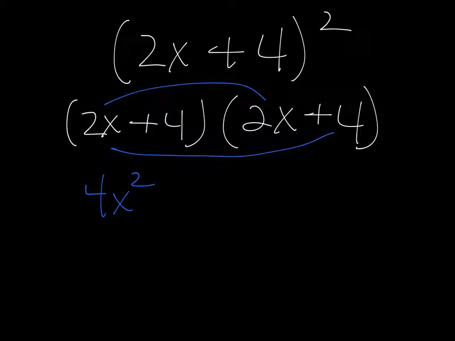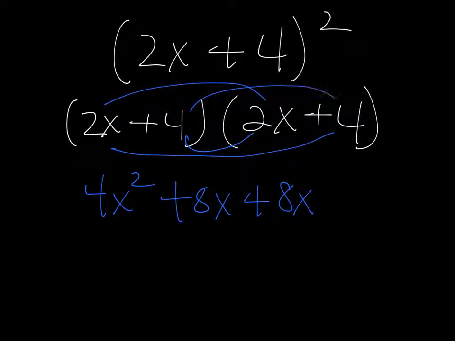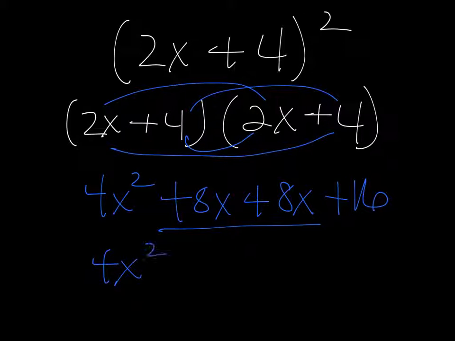Outer terms, 2x times 4 is plus 8x. Inner terms, 4 times 2x is plus 8x. And last terms, 4 times 4 is plus 16. Combine your middle terms, and you have 4x squared plus 16x plus 16.